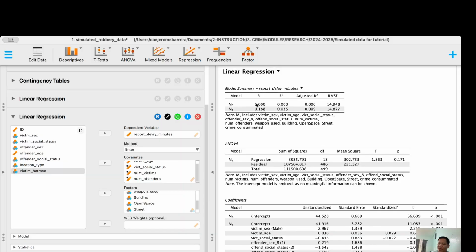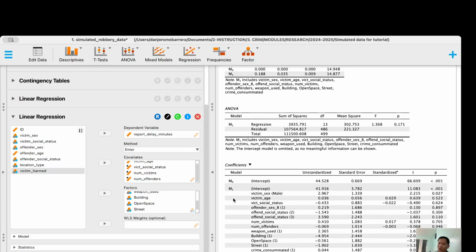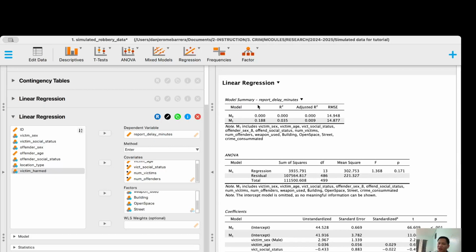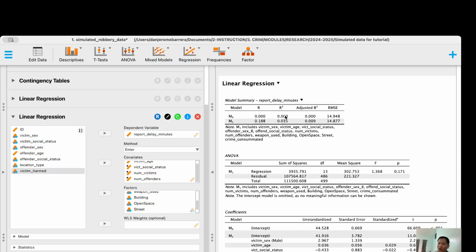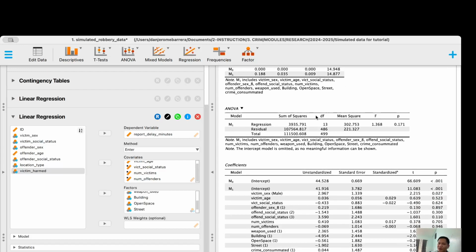No need to place it here. You may just write the R or R squared or adjusted R in the paragraph. So that's our tutorial for multiple linear regression.